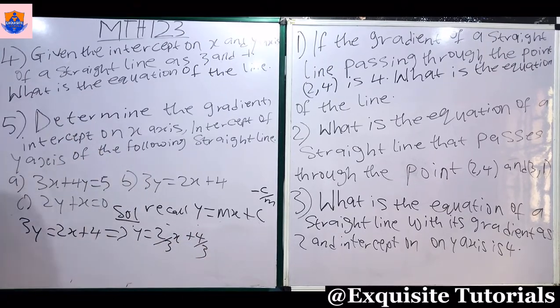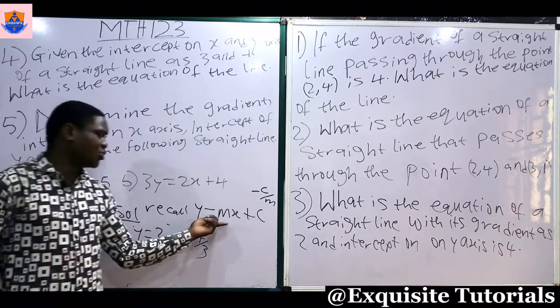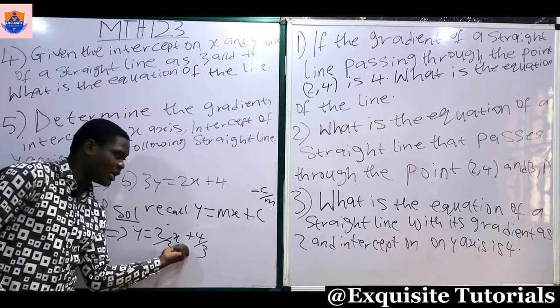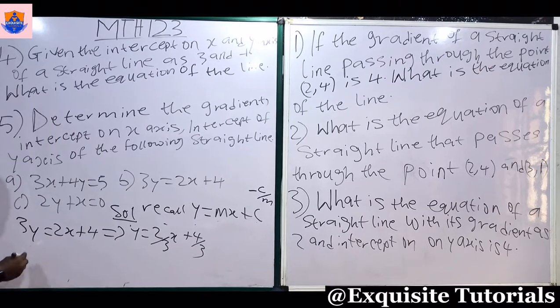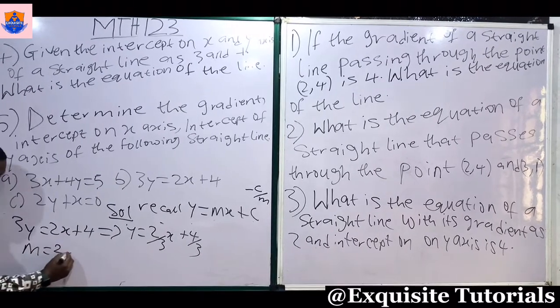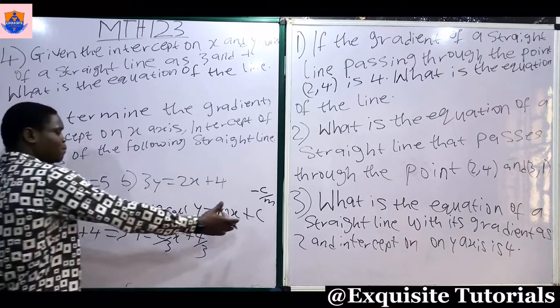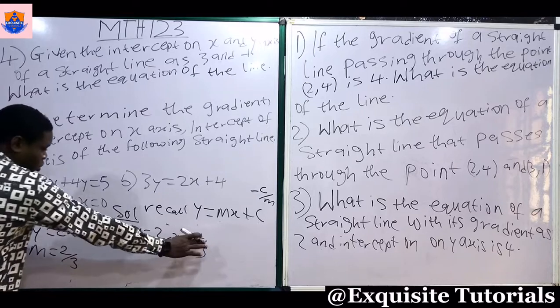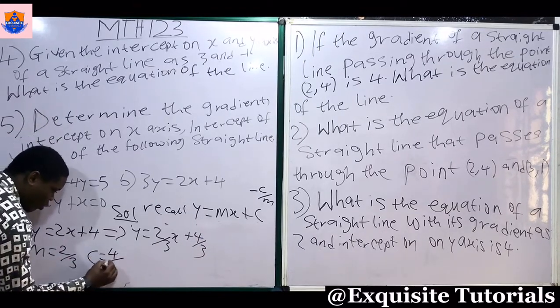Now y is standing alone and the gradient multiplying x is 2 over 3. So the gradient of this straight line is 2 over 3. Then the intercept on the y-axis is plus 4 over 3. It could be minus, but here it is plus 4 over 3.